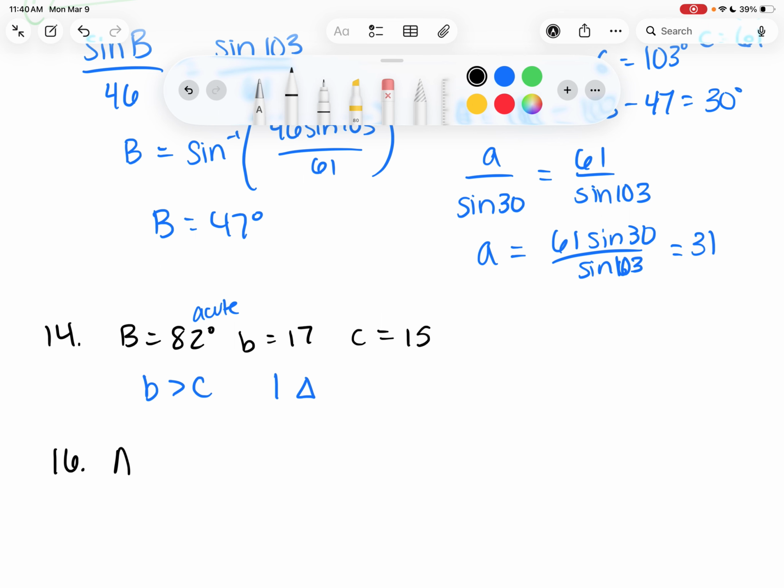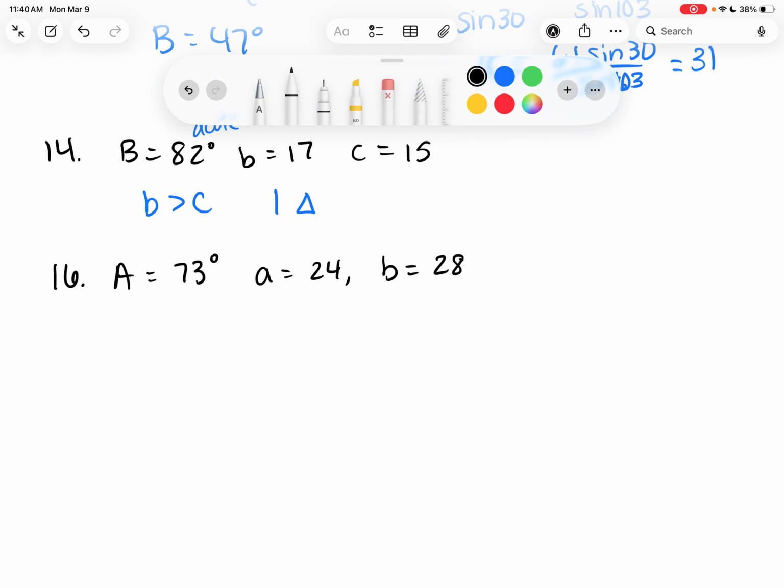16. Angle A is 73 degrees. Side A is 24. Side B is 28. So again, I've got side angle. Acute or obtuse? Acute. Acute, so I'm on the right side of my table.